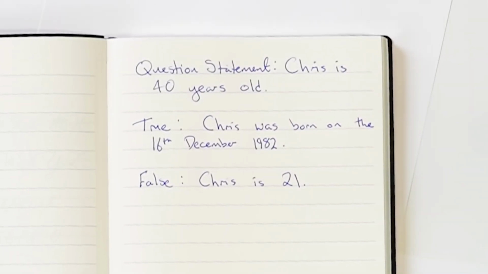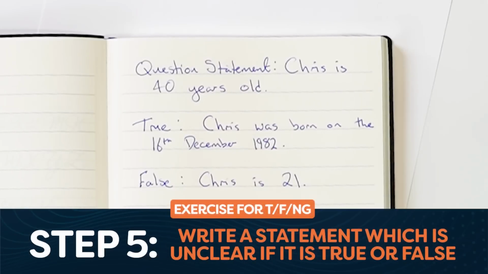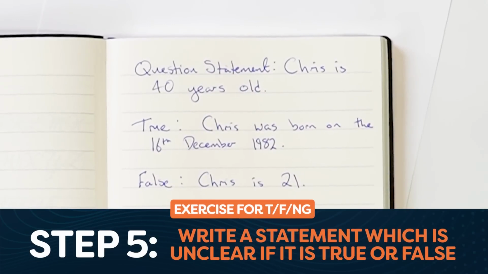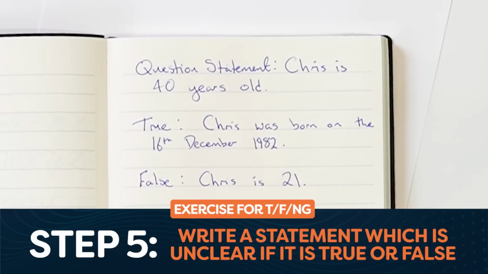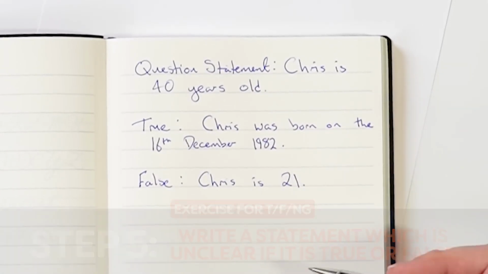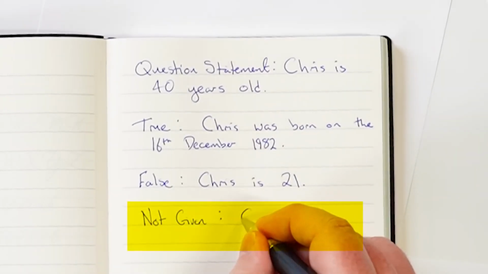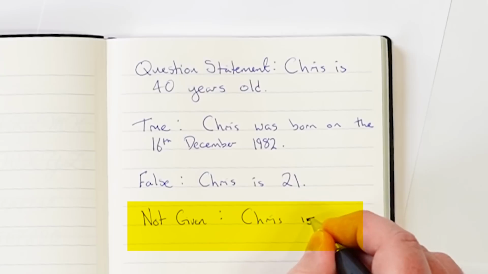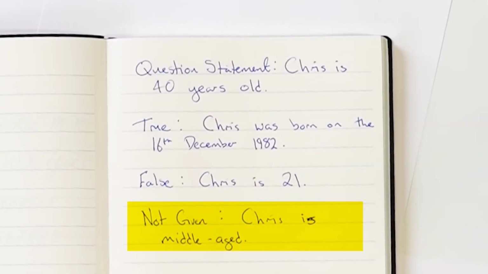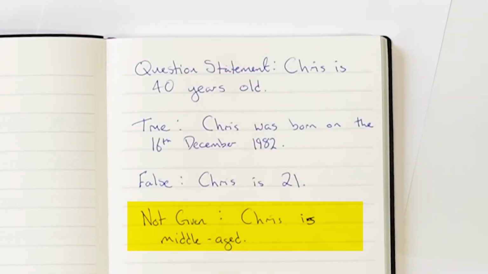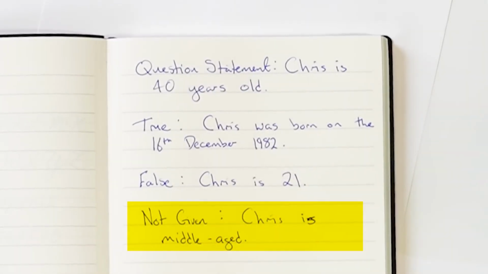Now you're going to think of a statement that is related to this, but doesn't give enough information for you to really decide if it is true or false. So we're going to write Chris is middle-aged. What middle-aged means is people who are living in the middle of their lives.